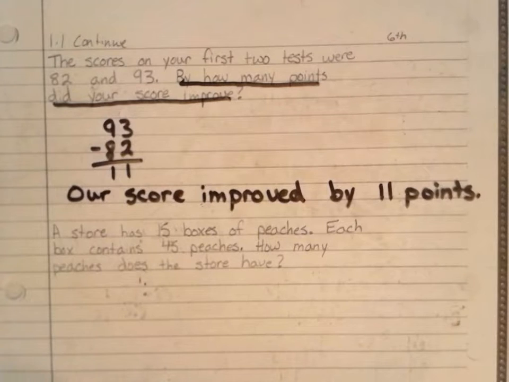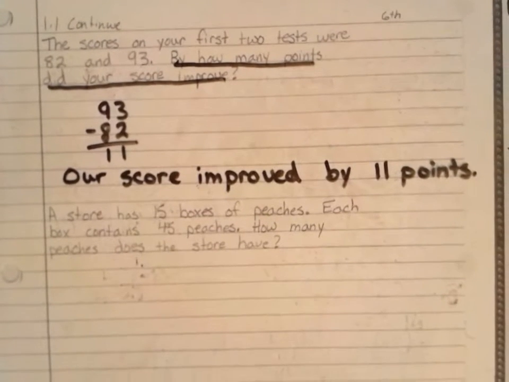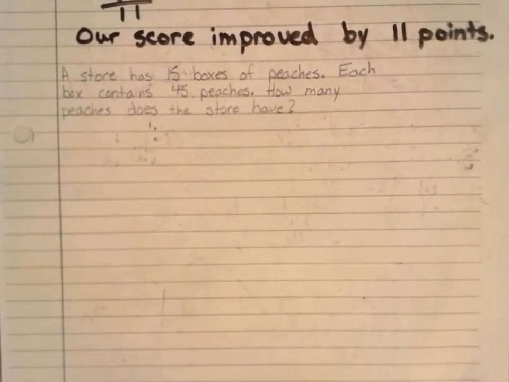You can think, does this make sense? It would not make sense to add these 2 numbers together. It would not make sense to multiply them together. And it sure does not make sense to divide them.